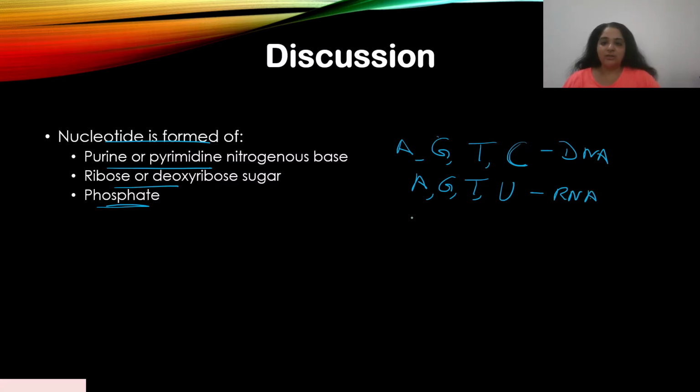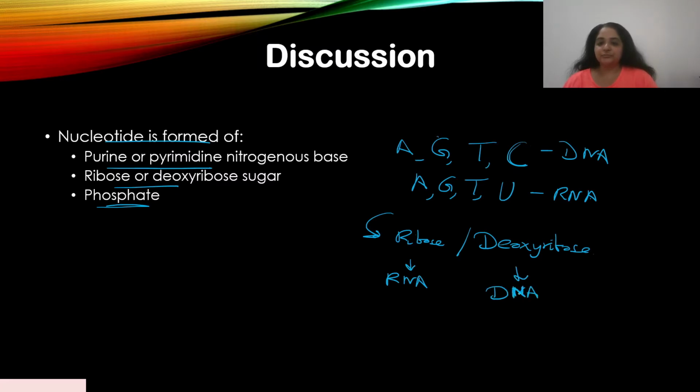Along with that, it should be attached to either a ribose sugar or deoxyribose sugar, based on whether it is RNA or DNA. Ribose sugar appears in RNA, deoxyribose sugar is in DNA. And of course the common factor in both is the phosphate molecule. That's the common factor in DNA and RNA nucleotide.